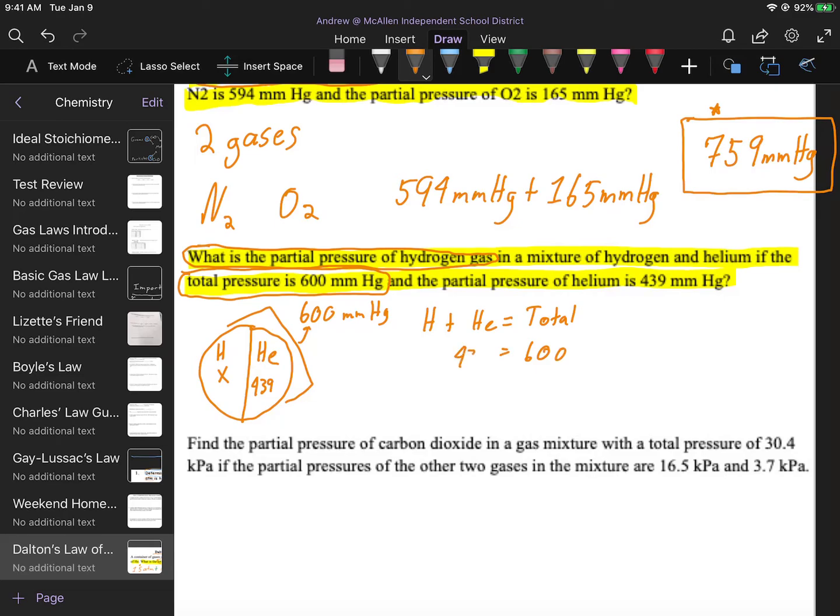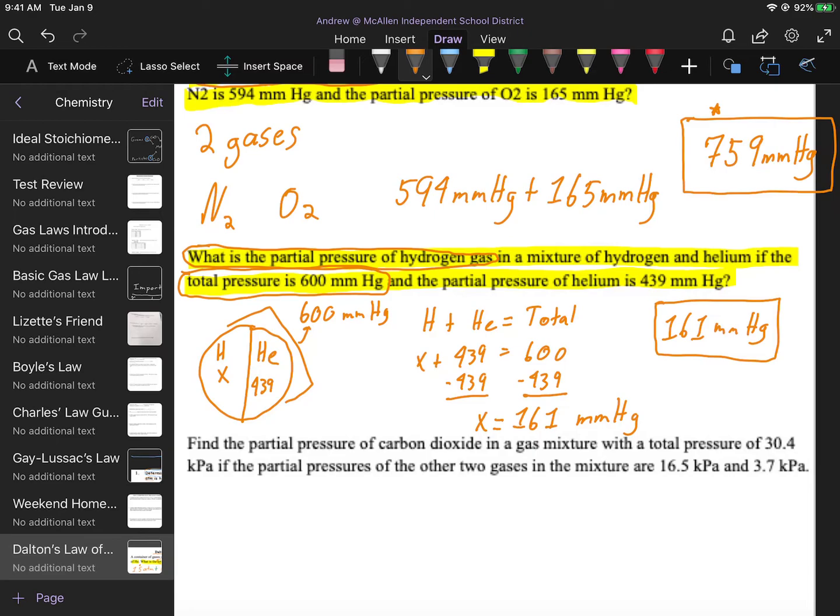We know helium is 439. When we don't know it, we call it X. Does this look like an algebra formula that you can solve? I believe so. So we're going to take 600, subtract 439. Anything in this mixture that is not helium has to be hydrogen. So we get 161 millimeters mercury.